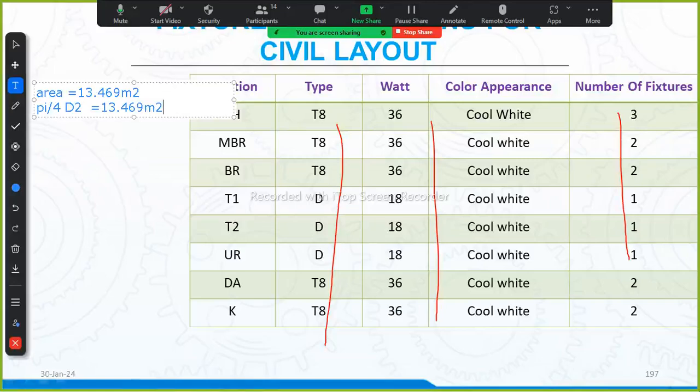So pi by 4 d square is equal to 13.469 meter square.